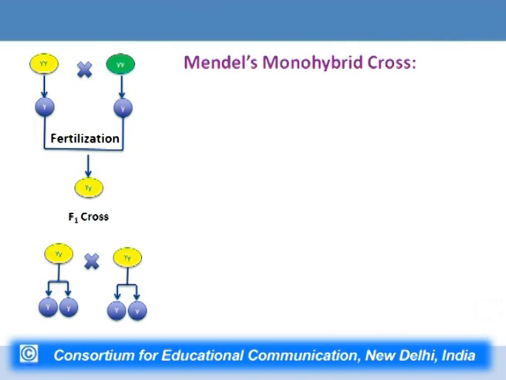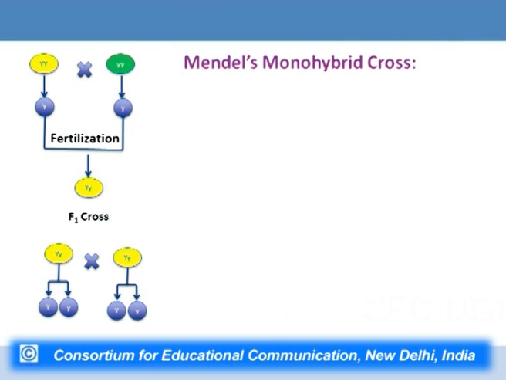So when F1 individuals are cross-fertilized with other F1 individuals or self-fertilized, it leads to the formation of two types of gametes. The male gametes will be capital Y and small y. Similarly, the female gametes will also be capital Y and small y.